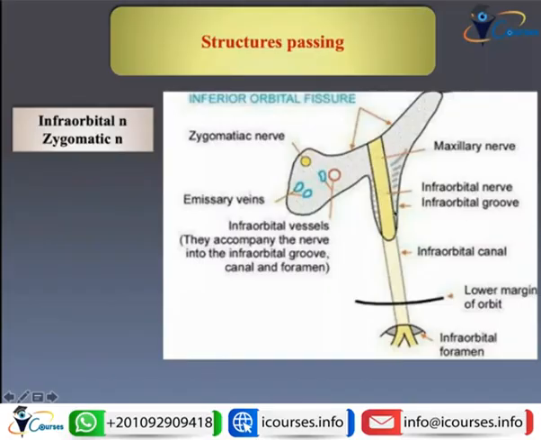The groove will be closed to form the infraorbital canal to emerge onto the cheek from the infraorbital foramen, just below the inferior orbital margin, as the infraorbital nerve.